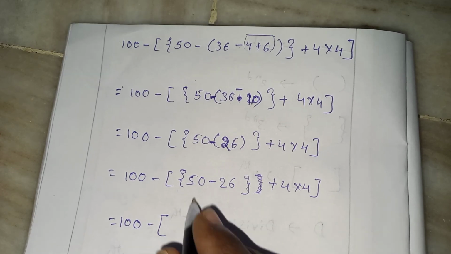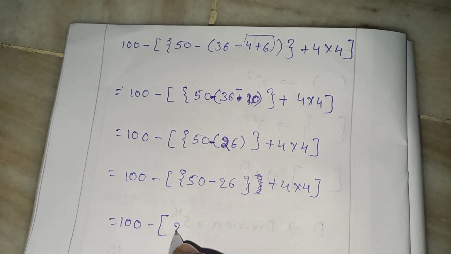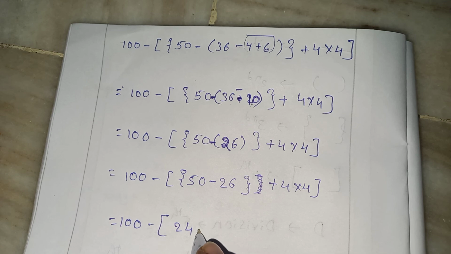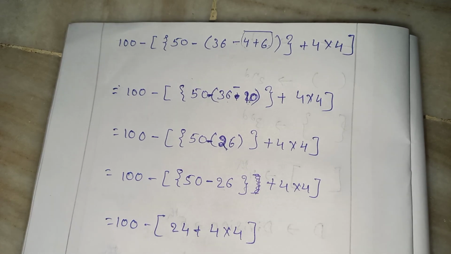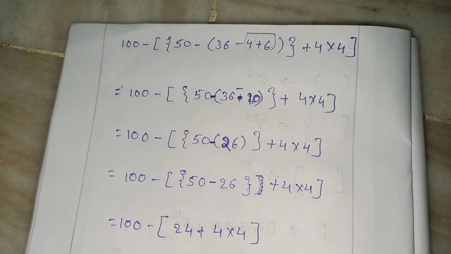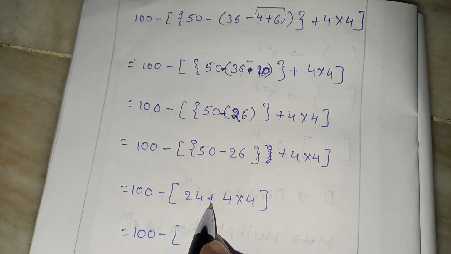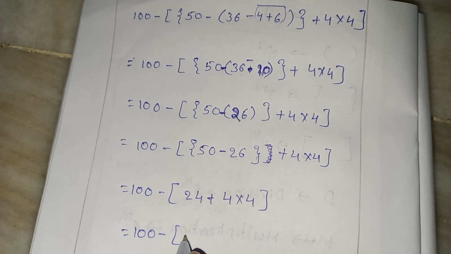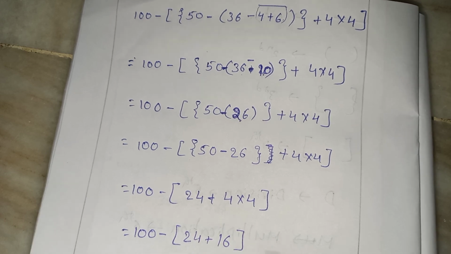Curly brackets, right? 50 minus 26, it is 24. 24 plus 4 into 4. 100 minus 24. Now again addition and multiplication. Which one do you have to do? Multiplication first. So 24 plus 4 4s are 16.